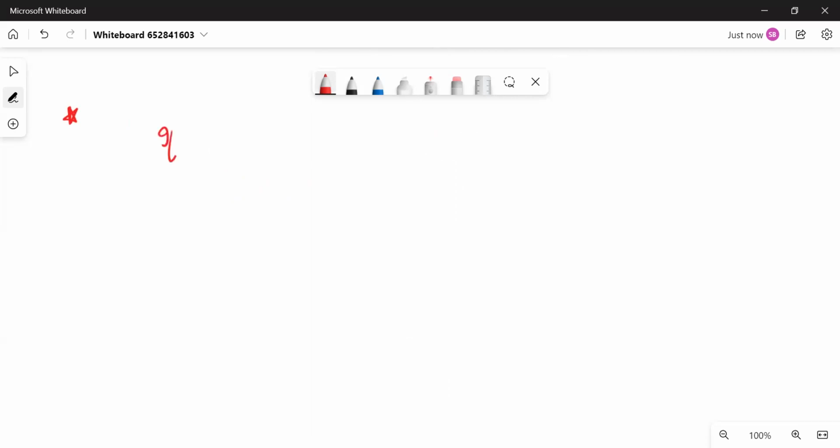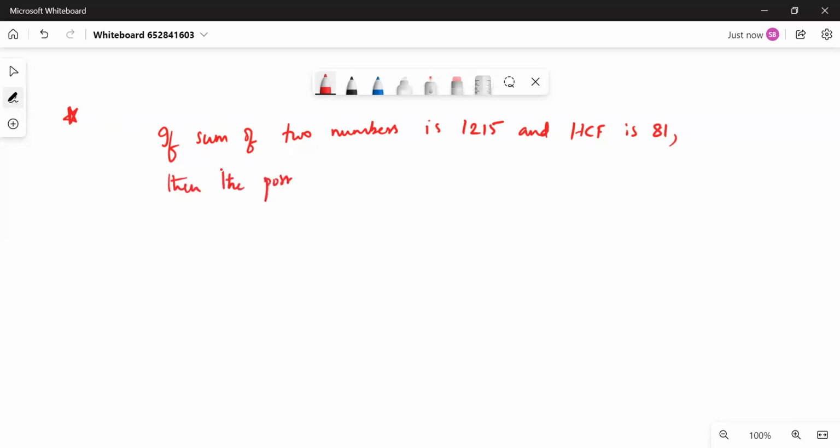If the sum of two numbers is 1215 and HCF is 81, then the possible number of pairs of such numbers are dash.